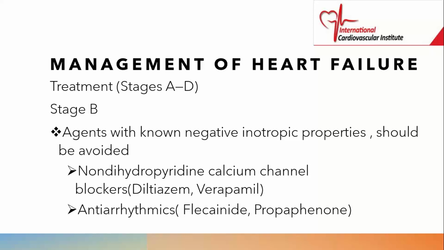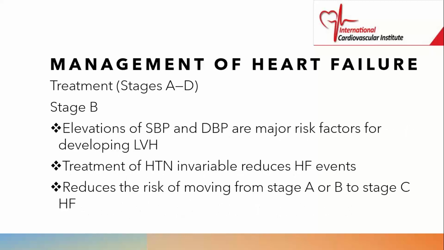So, we don't give flecainide and propafenone to someone who has a reduced ejection fraction. Okay, so these are some of the things that you need to know. You can't give your patient medication that is going to compromise or cause death.